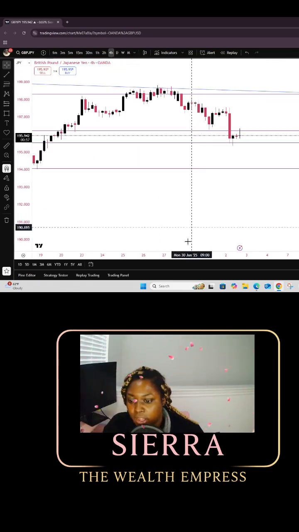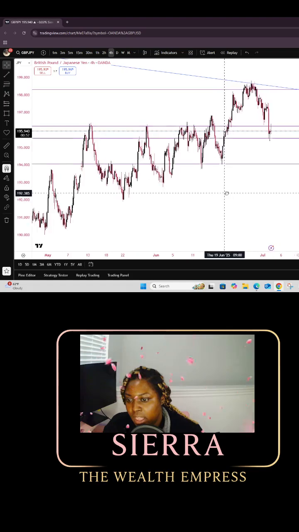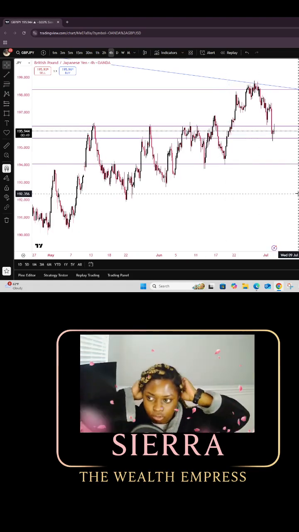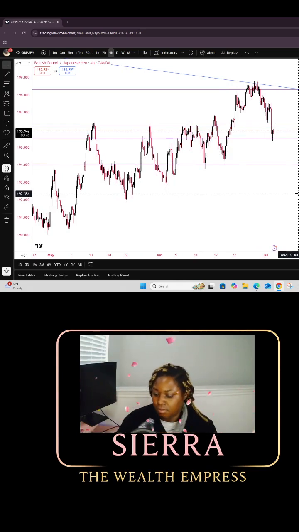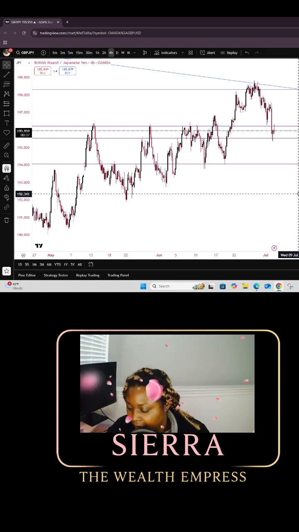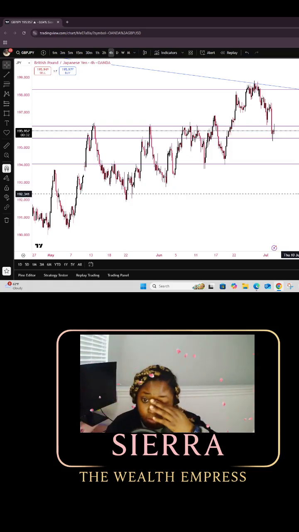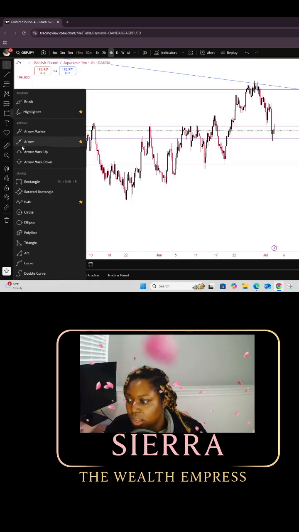So now I'm going to come down to my 4-hour. And just looking at this chart, is this in an uptrend or a downtrend? Is price making higher highs and higher lows or lower highs and lower lows? Uptrend, yes. So this is an uptrend.